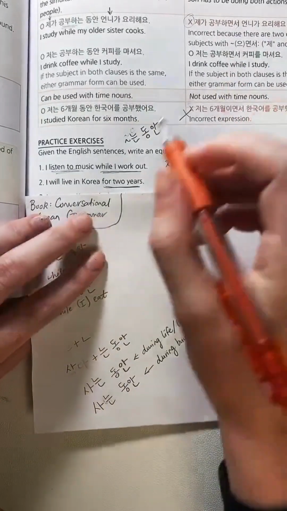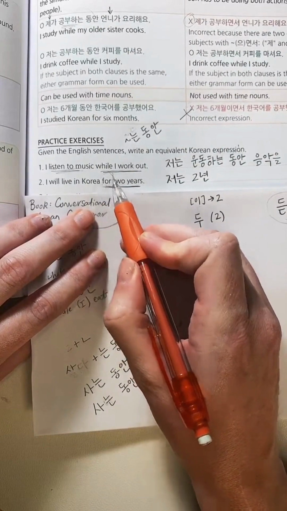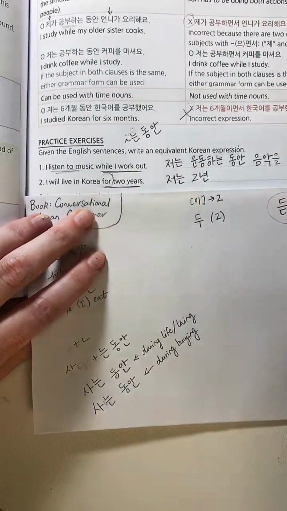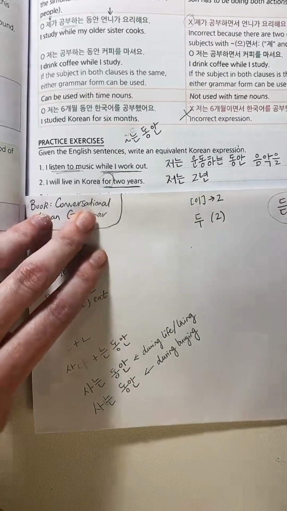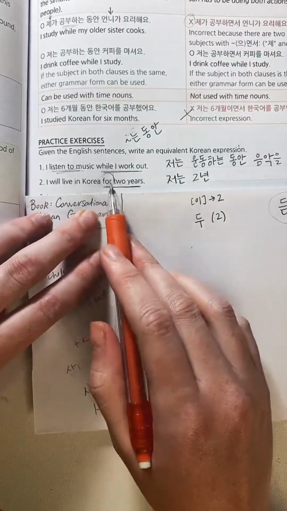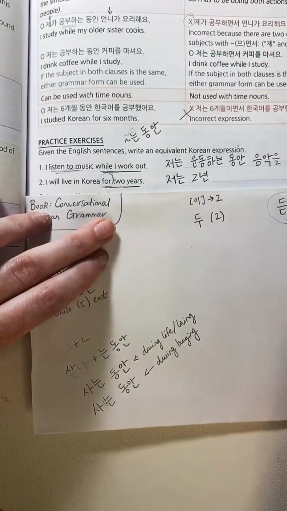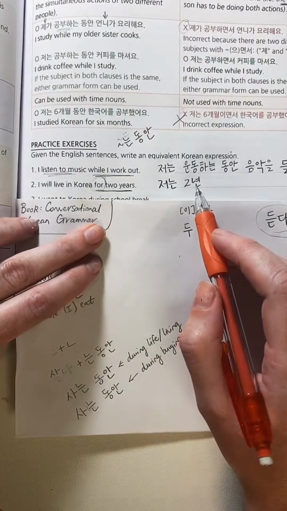2년. And then we have this for, right? In order to get this for, we're talking about a duration of time. Yes, I am recording with my phone. For 2 years is where we're going to use our 동안. But this is a noun. 통한, sunset 리.